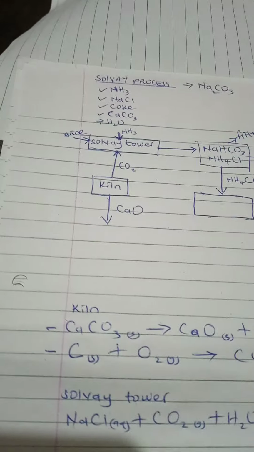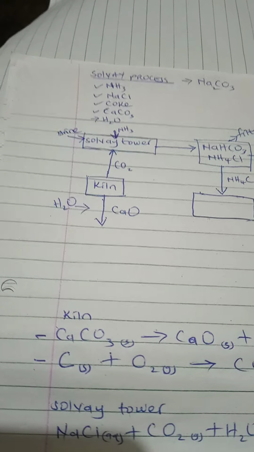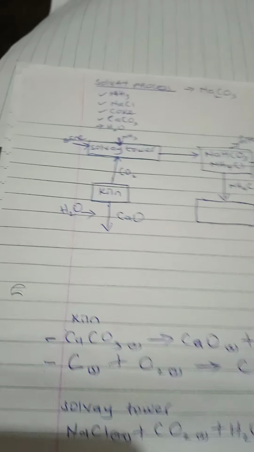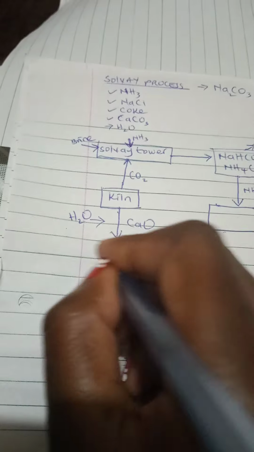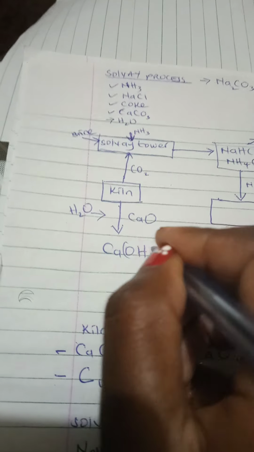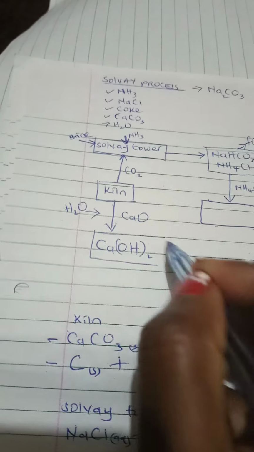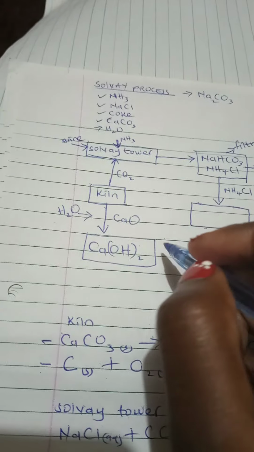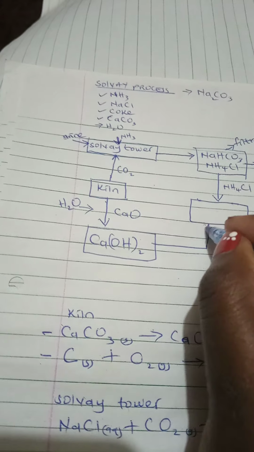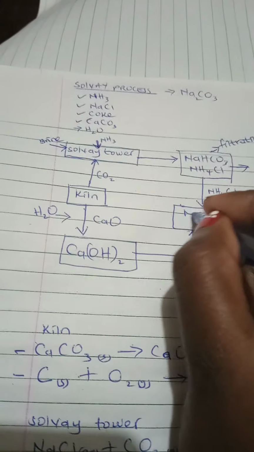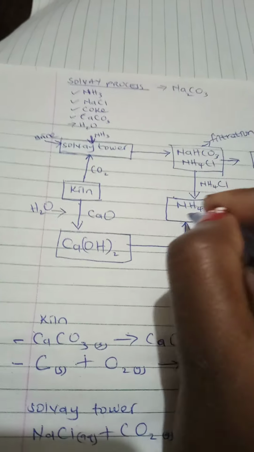The calcium oxide, which is being produced there at the kiln, we slake using water. We combine that calcium oxide with water. Now after combining the calcium oxide with the water, we get the calcium hydroxide, which will be taken to that chamber so that the ammonium chloride reacts with that calcium hydroxide.